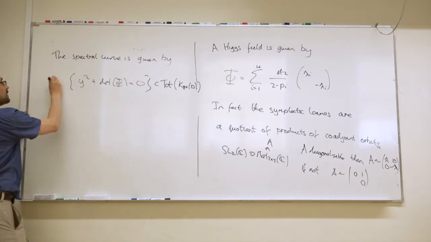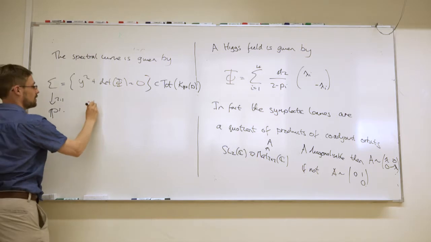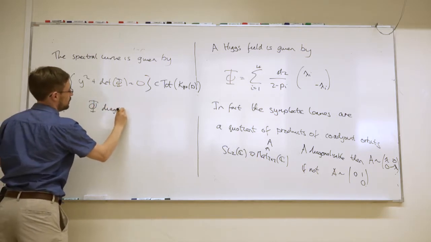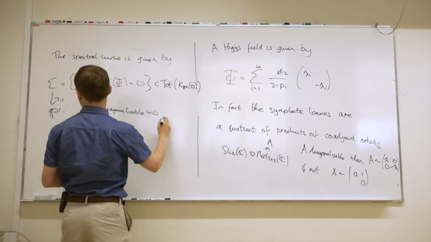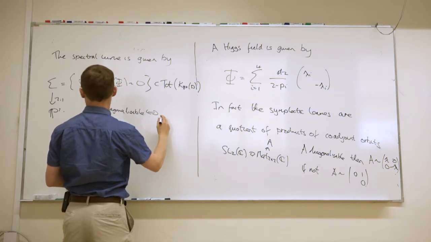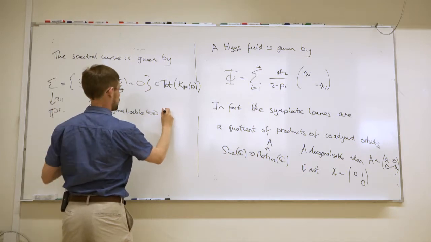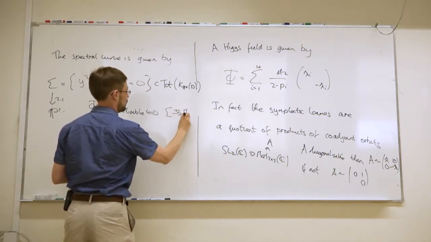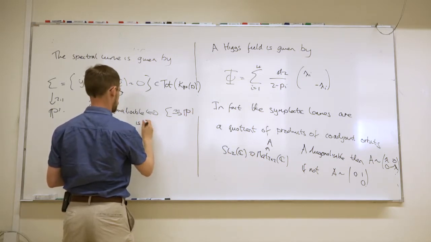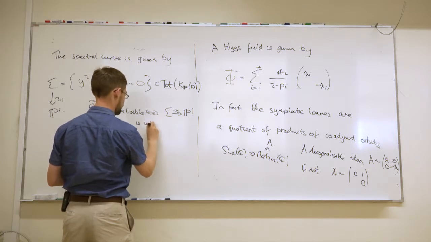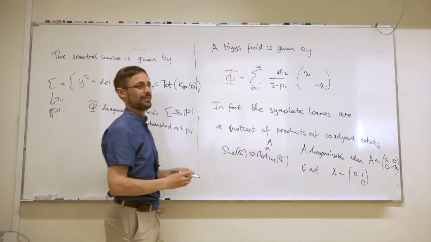So this maps back down to P1. And this being diagonalizable is the same thing as to say that this cover is unbranched at π.